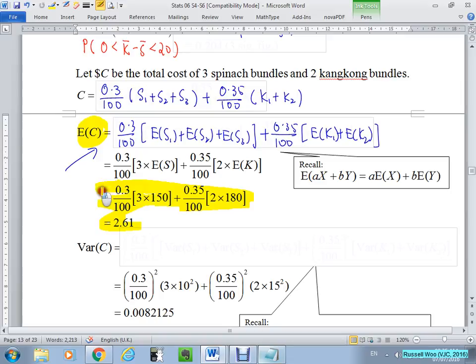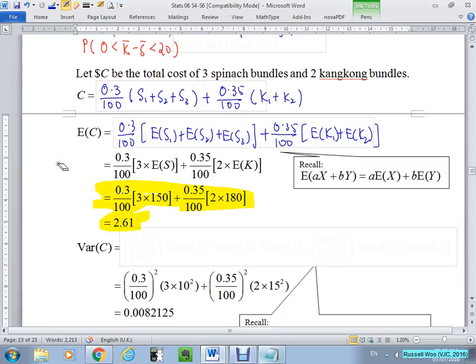You should not jump from here to 2.61, cannot. The minimum you must give me is this one and equals to this working with numbers substituted in, answer. The reason why I write so many lines is for us to understand. Any questions? All right.